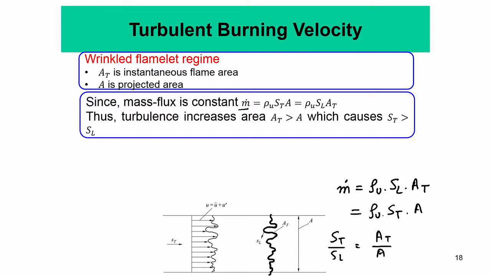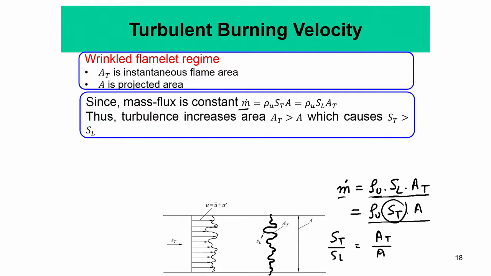So we get that m dot is equal to rho u times SL times AT, and we equate that to rho u times ST times A, where ST is a global propagation rate of the flame surface.